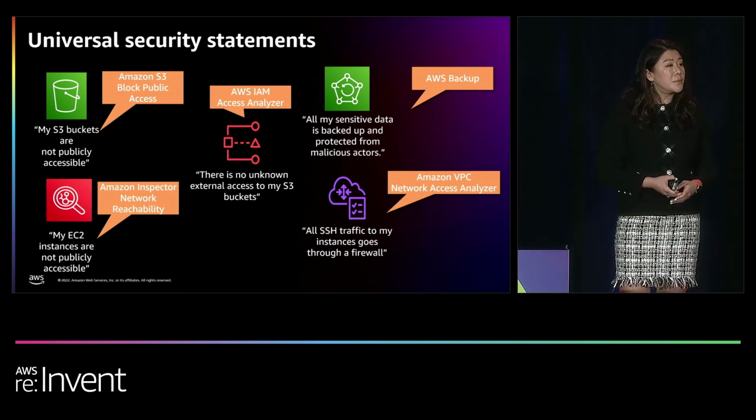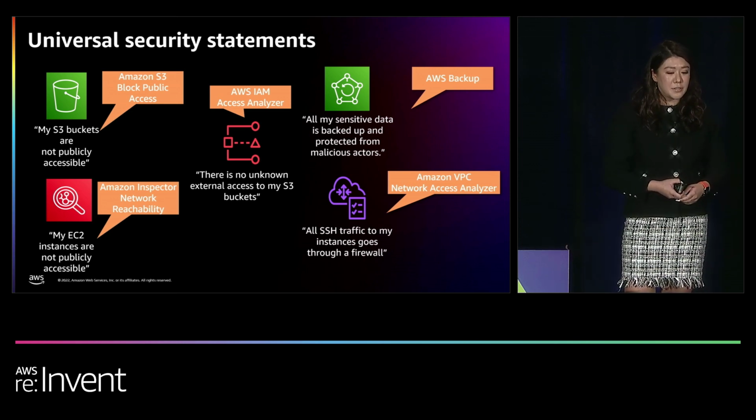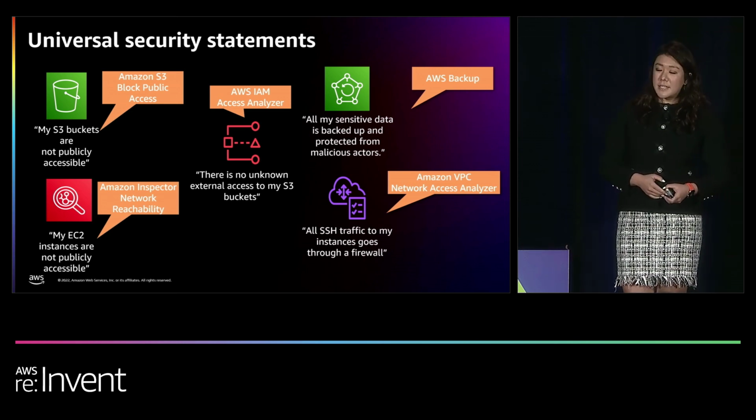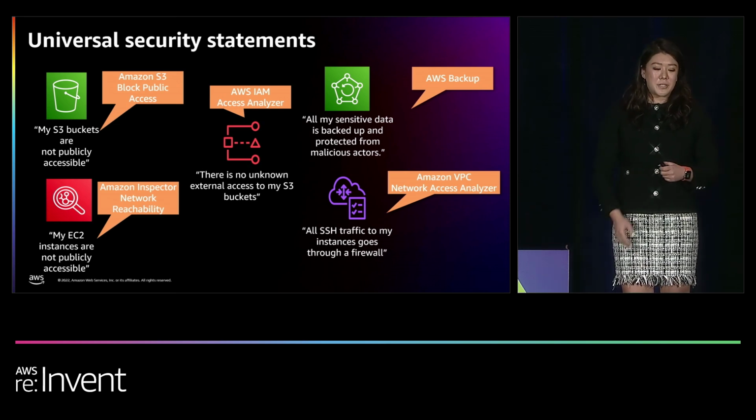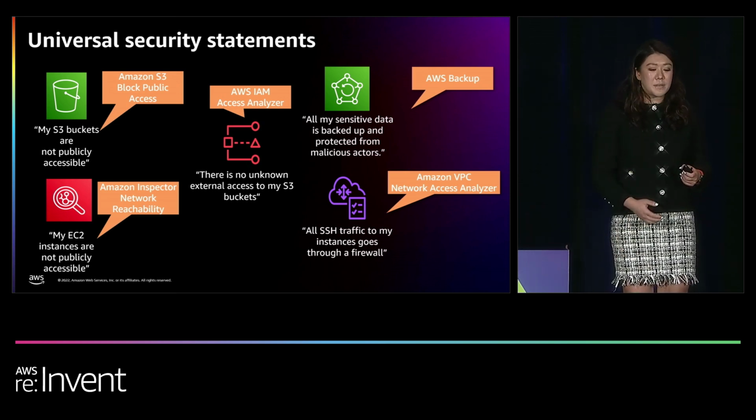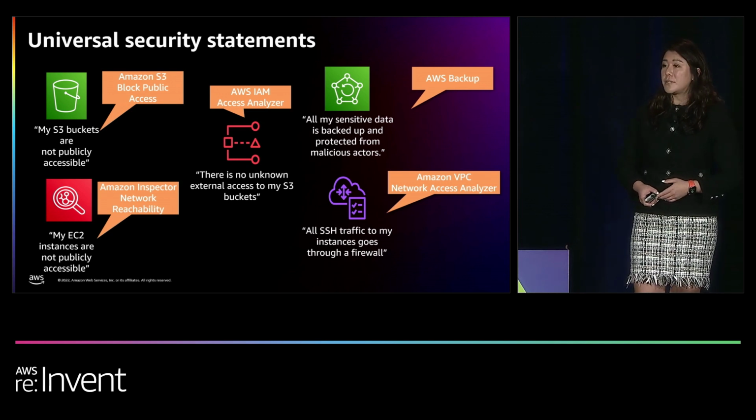As Neha mentioned, we can use IAM Access Analyzer to do that. All SSH traffic to my instances goes through a firewall, and Neha also demonstrated how we can do that using VPC Network Access Analyzer today.